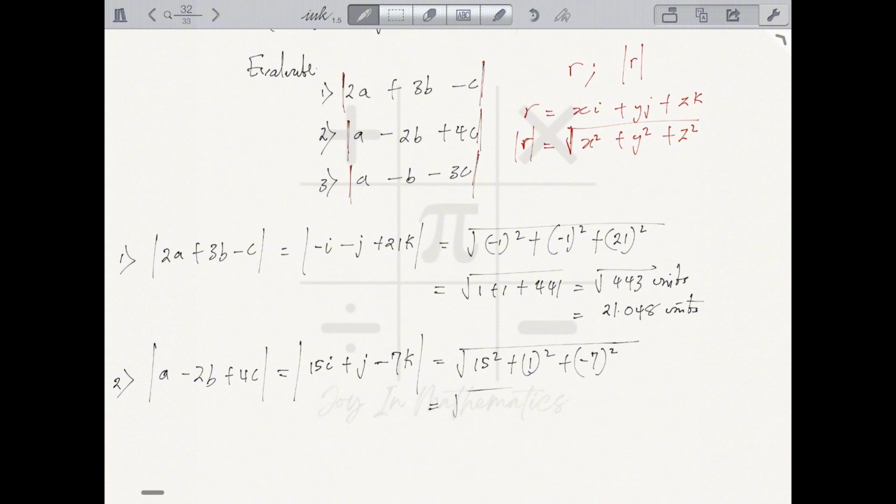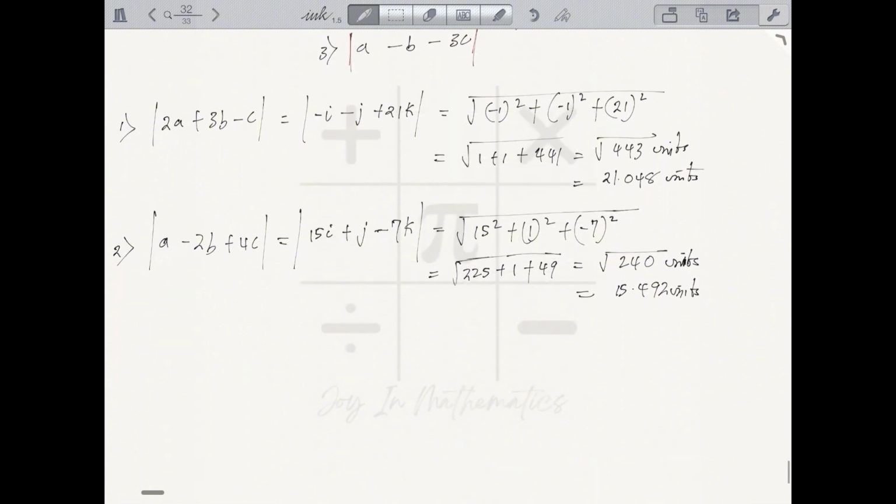This results into 15 squared, which is 225, plus 1, plus 7 squared, which is 49, and this is the square root of 275 units, approximately 16.583 units.